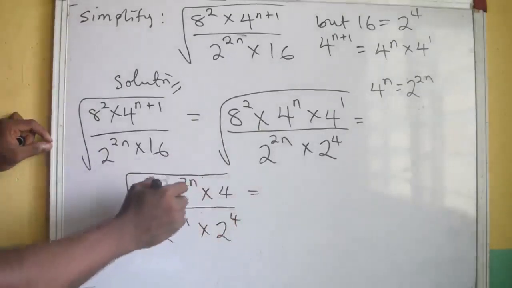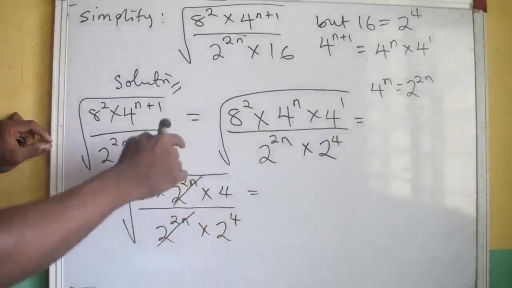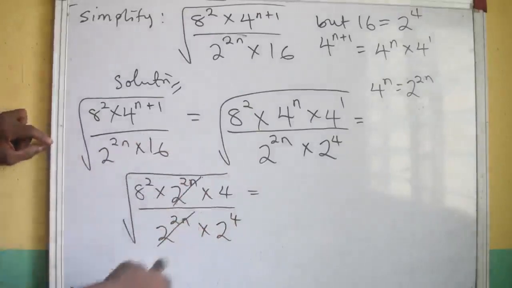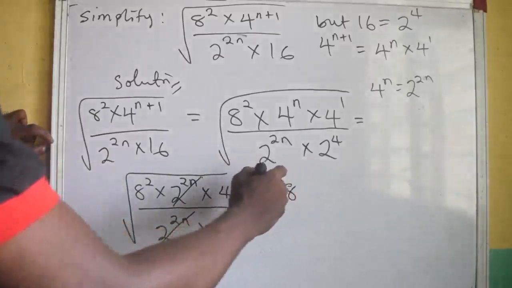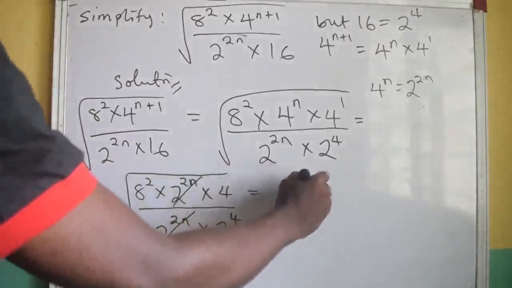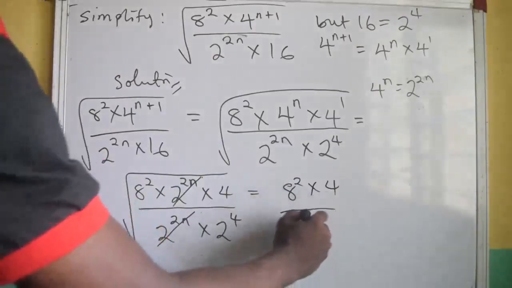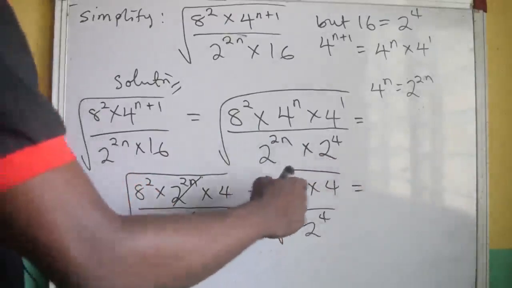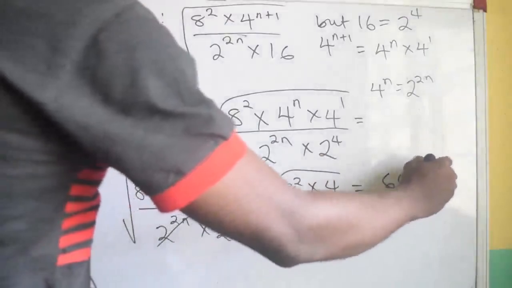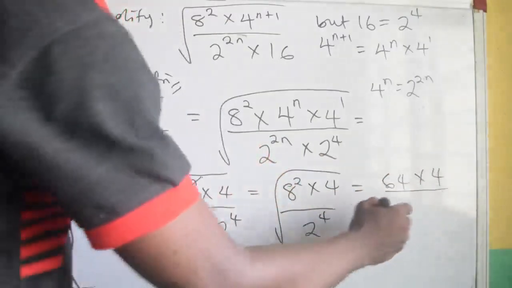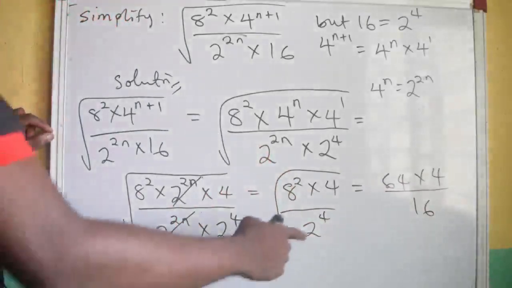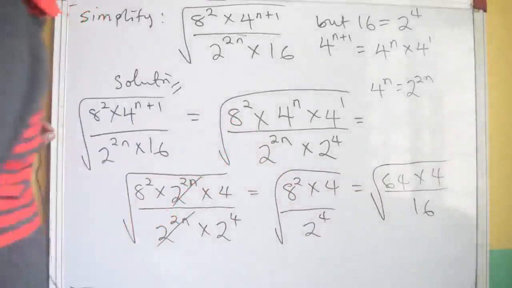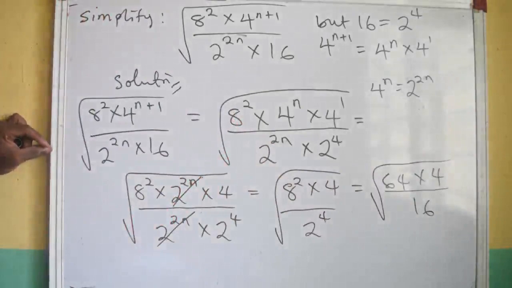You discover that this 2 raised to the power 2n will cancel itself because it appears both at the top and the bottom, as multiplications. What is left here is 8 raised to the power 2 multiplied by 4 all over 2 raised to the power 4, all in square root. So 8 raised to the power 2 is 64 multiplied by 4, all over 2 raised to the power 4, which is 16. Everything is in square root.